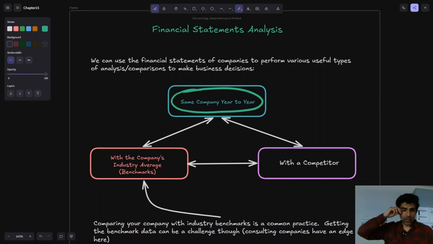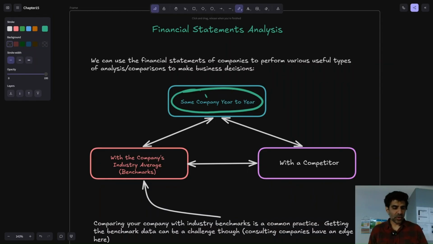You saw a lot of the financial statements from companies that we've been looking at. They usually present at least 2 years, sometimes more, sometimes 3 or 4. But that is to facilitate this exercise of comparing the company to itself over time.